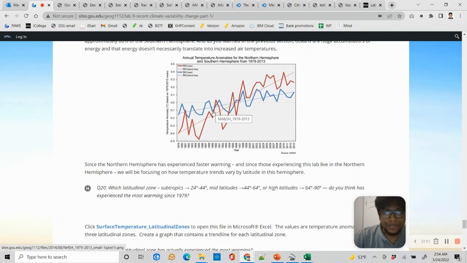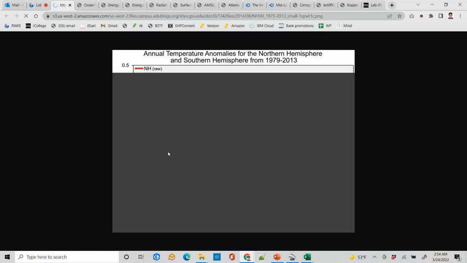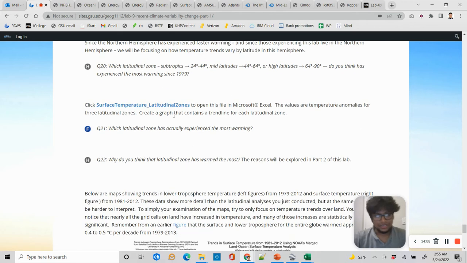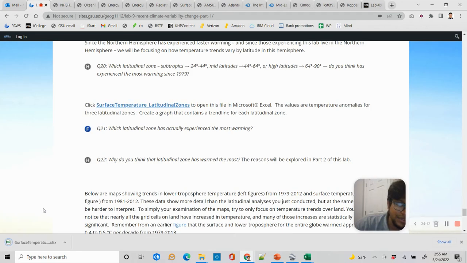Let me see. This graph is talking about the southern hemisphere and northern hemisphere annual temperature anomalies. What happened in the northern hemisphere, the red one. What happened in the southern hemisphere, the blue one. Just go through this. And then there is another Microsoft Excel exercise here.